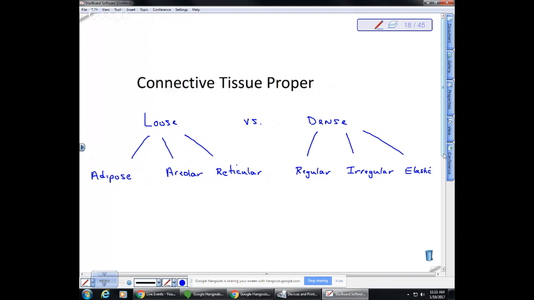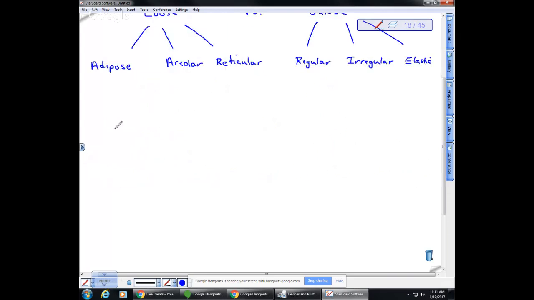Okay, so let's look at the adipose tissue. We have different types of adipose tissue. Most of our adipose tissue is white fat, right? And there are two primary reasons we have white fat. One is insulation.